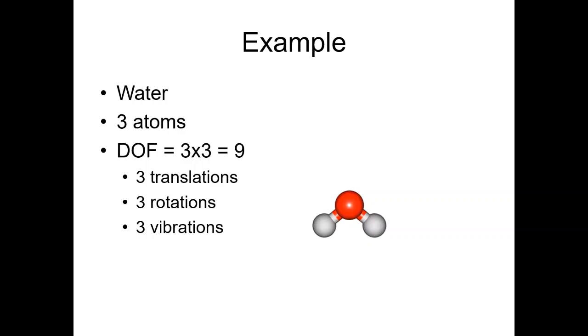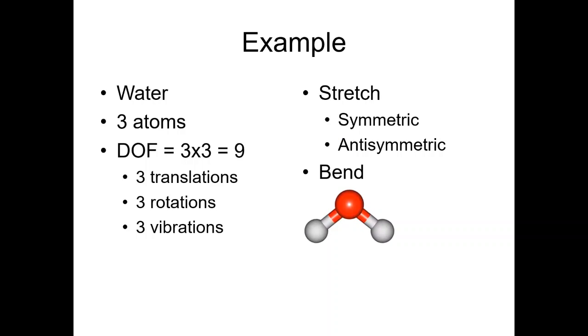Now, if we had one bond getting longer while the other one was getting shorter, that would be our anti-symmetric stretch. And then we could also have the bend. We saw an example of that. So 3 different stretches are possible. Each of those absorbs at a different wavelength, which means 3 different places that we can absorb infrared light, which in turn translates to heat.